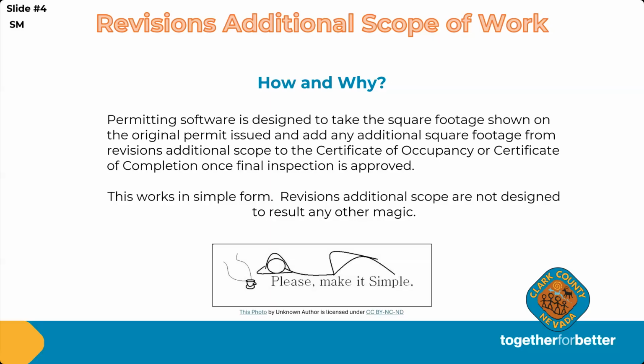It's going to take all those additional square footages for however many revisions additional scope of work you may have, and add it to the square footage of your original permit, and that is what is going to be shown upon your final inspection when you receive a certificate of occupancy or a certificate of completion. So it works in a simple form in that way.